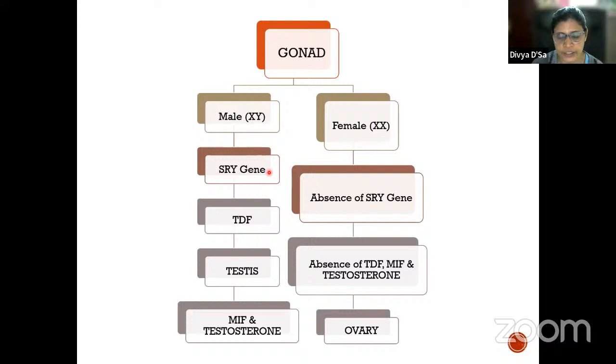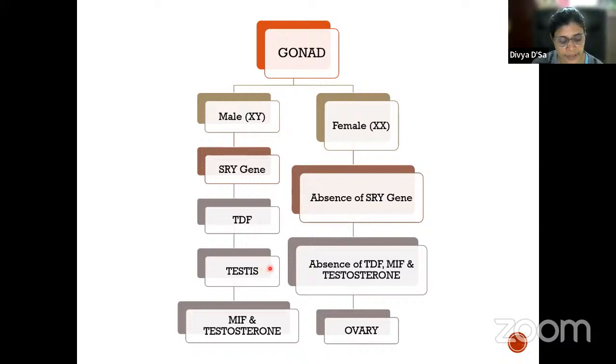Now this SRY gene encodes a protein which we call the testis determining factor. When this testis determining factor is present, what happens? It leads to the differentiation of the testis and development of the male genitalia, basically the gonads and genital organs.